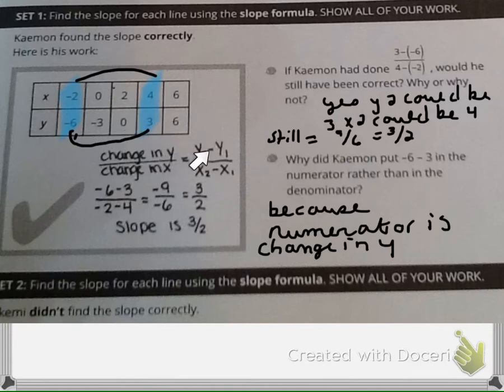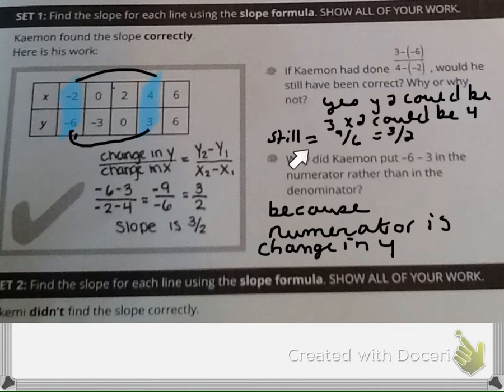So there's lots of possibilities for how I can set this up using the slope formula, y2 minus y1 over x2 minus x1. So that's why that works. And remember here that the reason this simplified to 3 over 2, a negative divided by a negative is a positive, and that's why this ended up being positive, just like this ended up being positive. Positive divided by a positive is a positive.